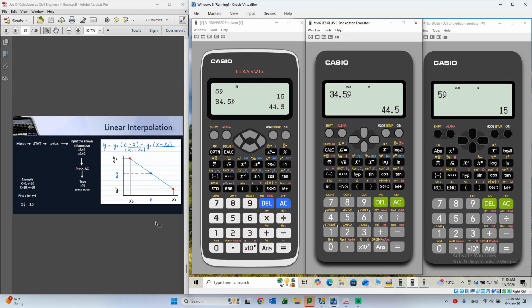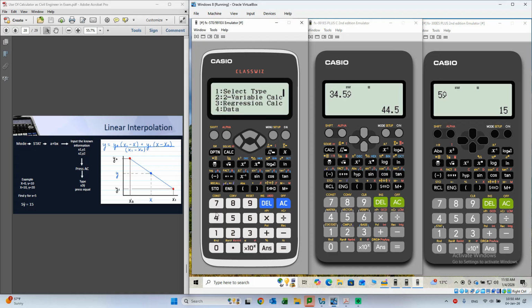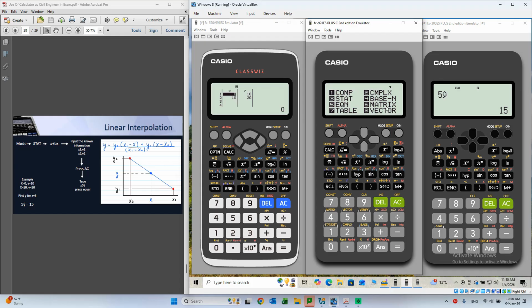This is useful whenever you need a linear interpolation. So you have two data points which you're supposed to input into the calculator, then do the interpolation. If you ever want to change the data, from here you can directly go and change the data this way. For this one you need to go back to the statistic, choose the things, and then input the new data.